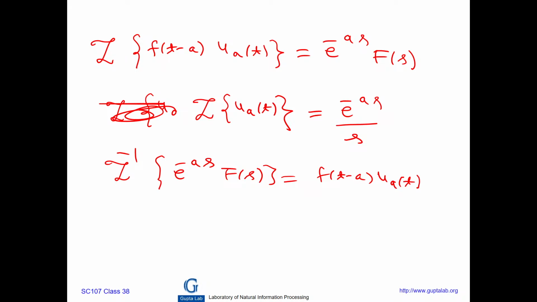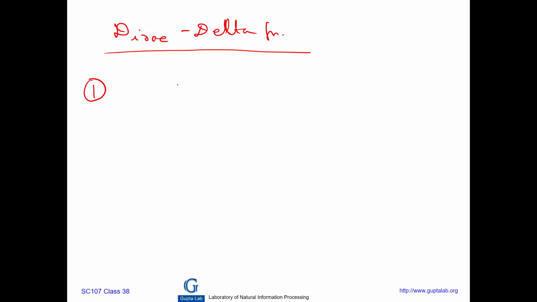Next is the Dirac delta function. So there are different forms. I am going to first define what is known as delta sequences.